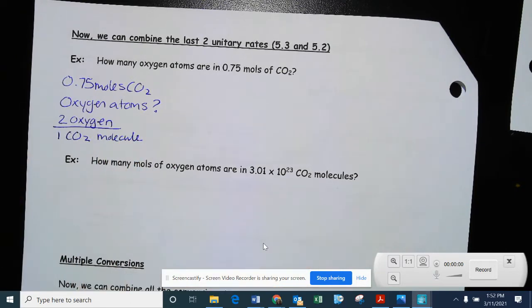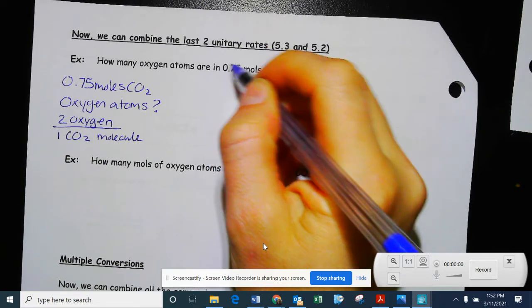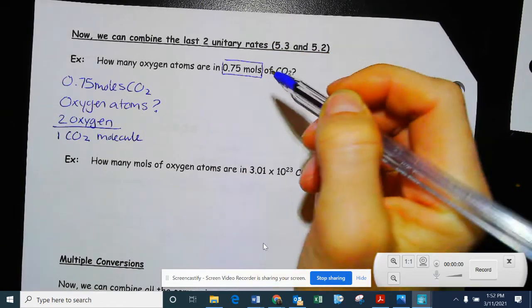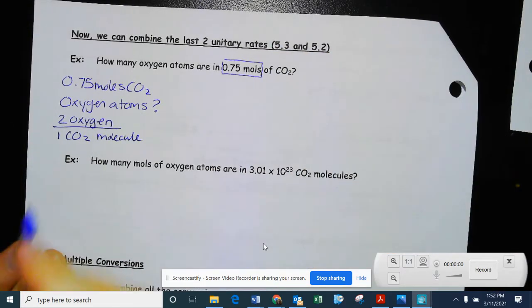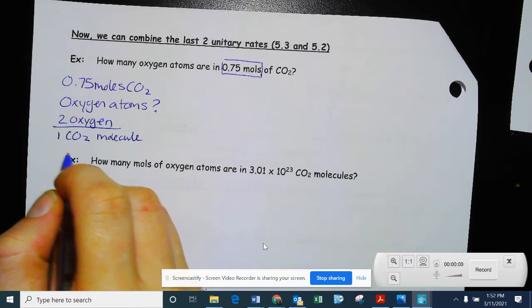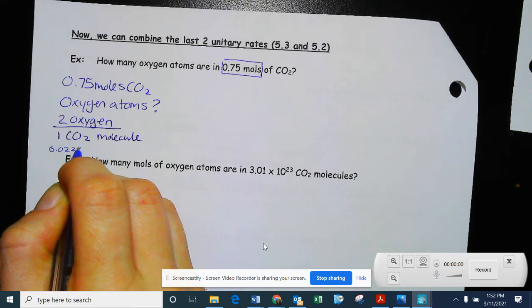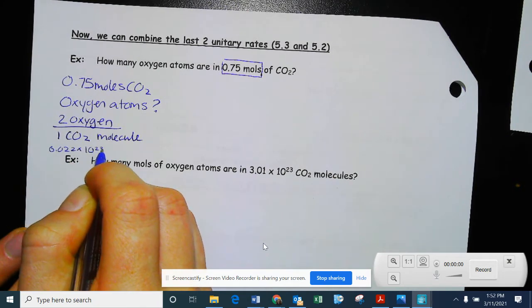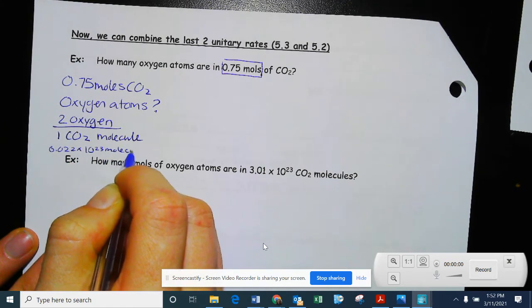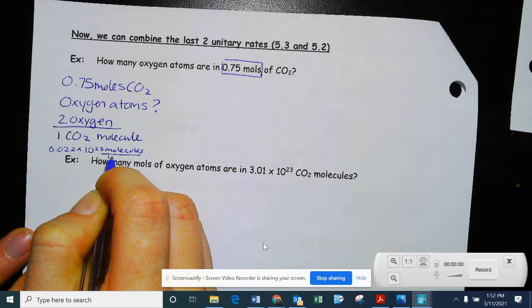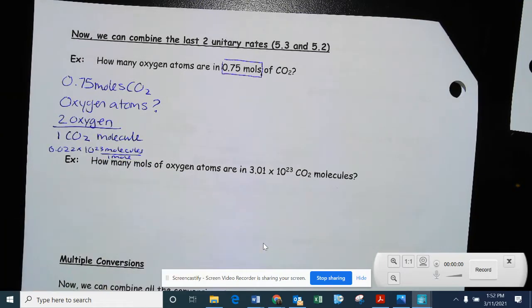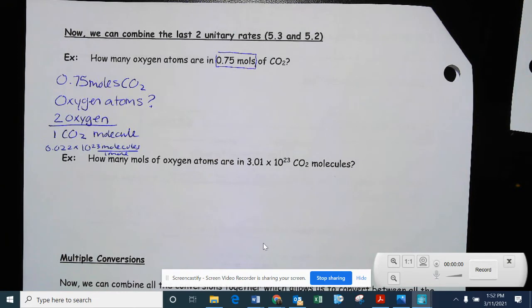Okay, so this one's a little bit trickier than the last one though, because we're not actually given the number of molecules. We're given the number of moles. So we also need to know that there's 6.022 times 10 to the 23 molecules in every 1 mole, right? So we're going to have to do multiple conversions here.